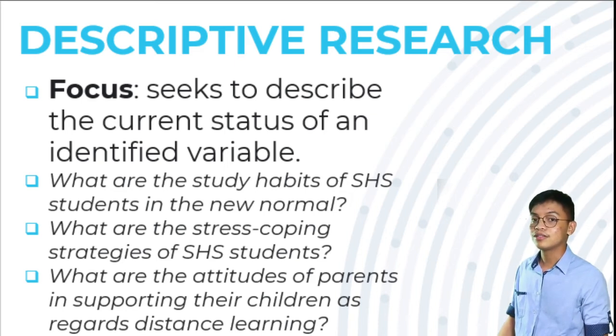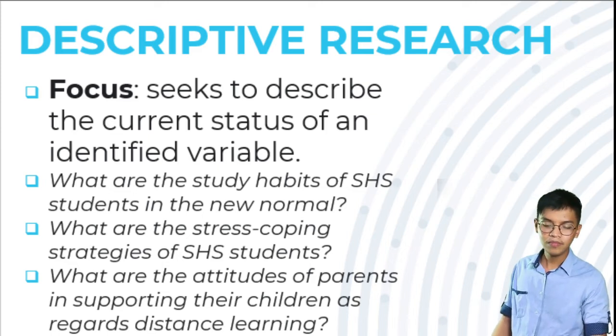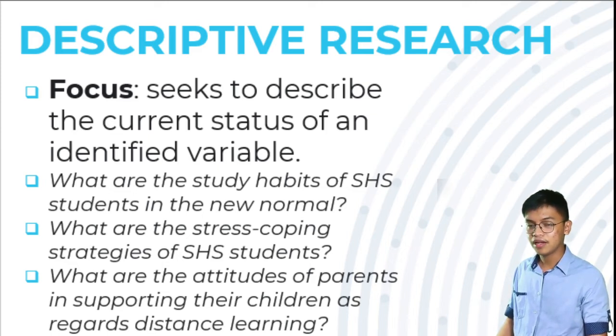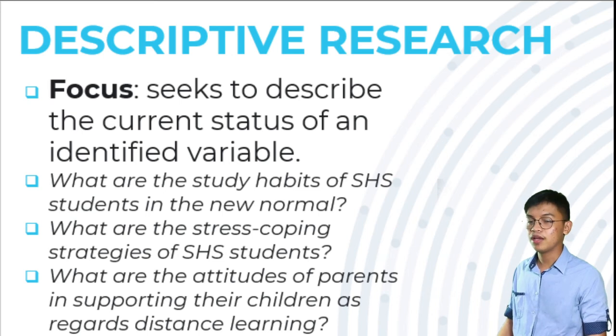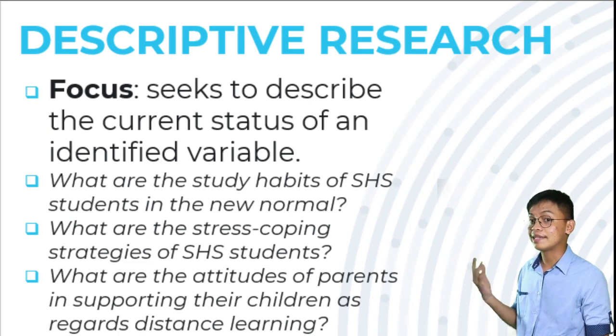That's still descriptive research. You can also try to see the most common attitude of parents toward modular distance learning. So that's another suggestion for a descriptive research. If you ask me, descriptive research is by far or relatively the easiest among the other types of research because you're just describing something.